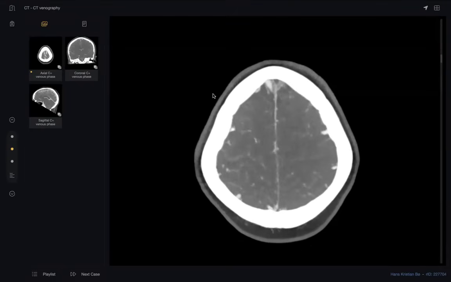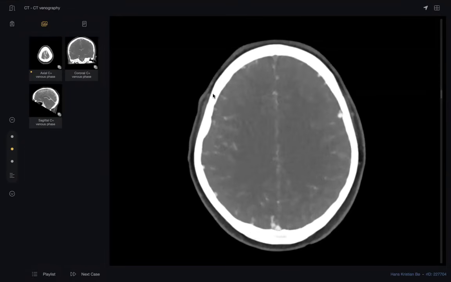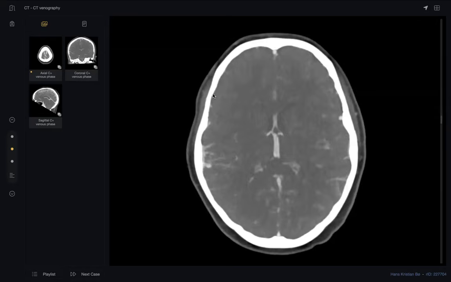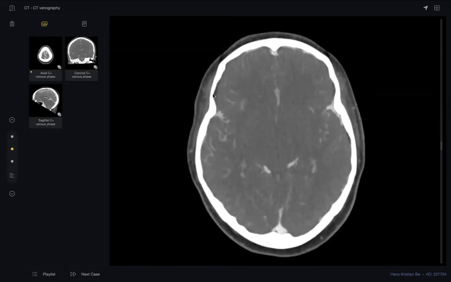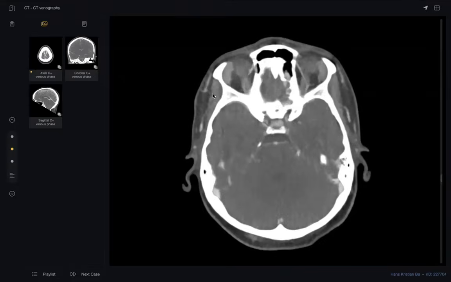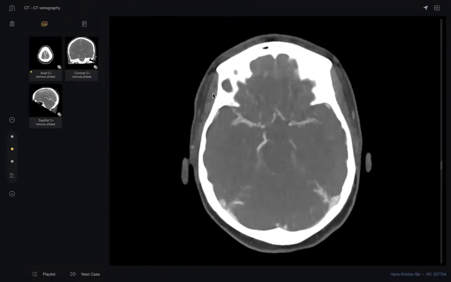I will continue to assess the extent of this thrombus. I can see that the cortical vein is also not showing any enhancement, representing cortical vein thrombosis. I want to see the rest of the sinuses, including the internal cerebral veins, straight sinus, and here I can see that there is no filling defect within the venous system so far.